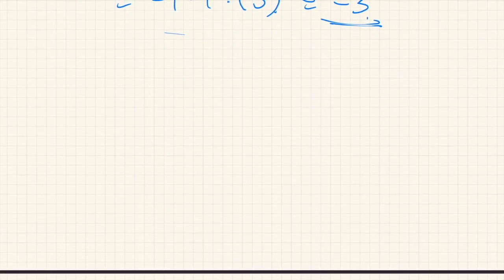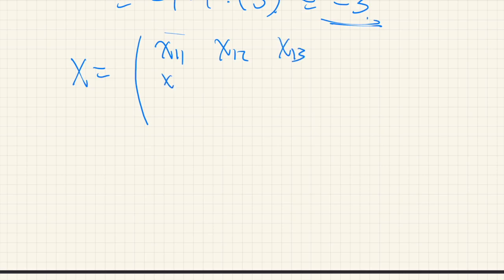Okay, next let's consider calculating the determinant of a general 3 by 3 matrix. So that is x11, x12, x13, x21, x22, x23, x31, x32, x33.